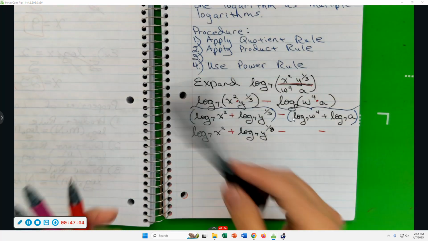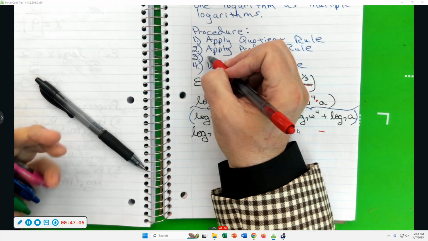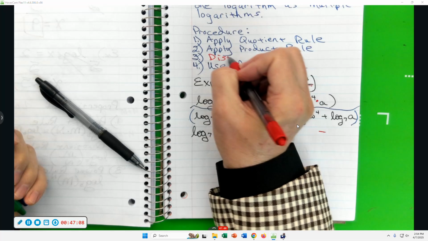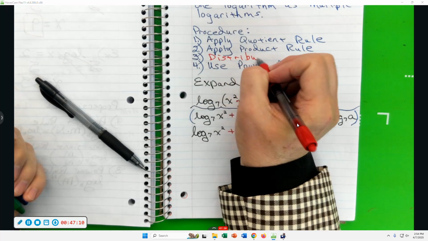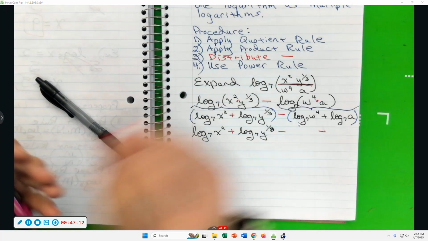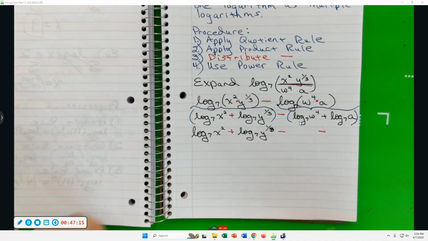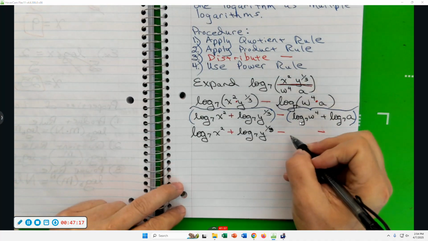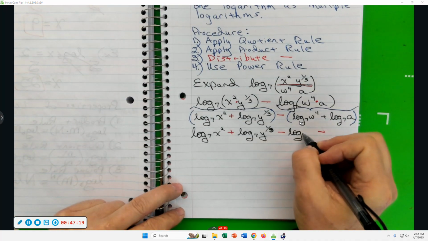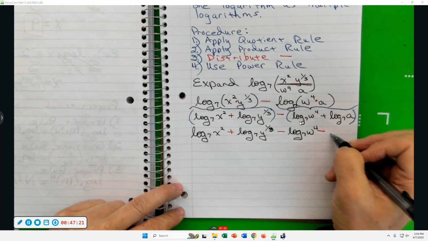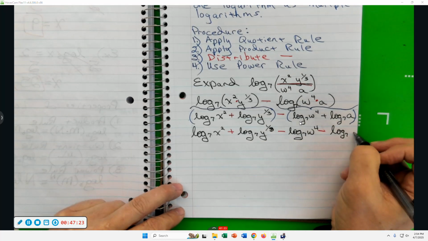Distribute minus. So that's a log base 7 of w to the 4th and a log base 7 of a.